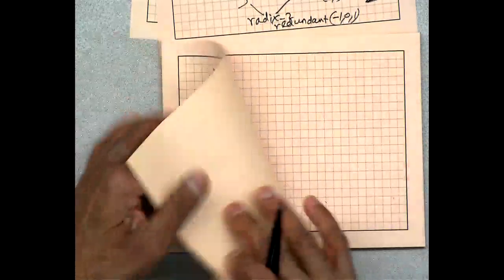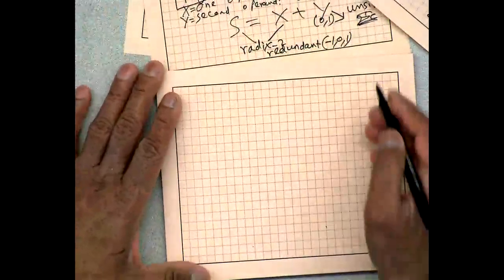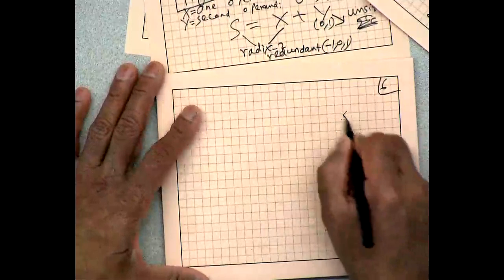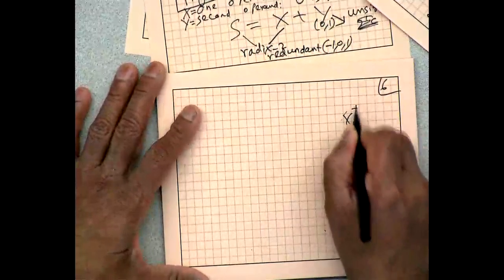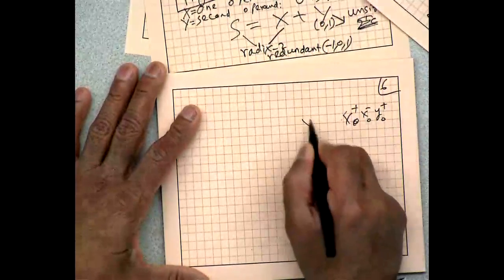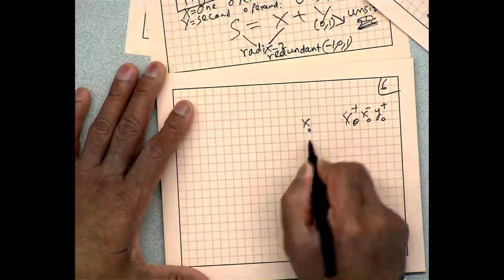Okay, so how does the whole hybrid adder work? I can say that the whole hybrid adder will work like this. So x0 plus, x0 minus y0 plus, x0 x1.